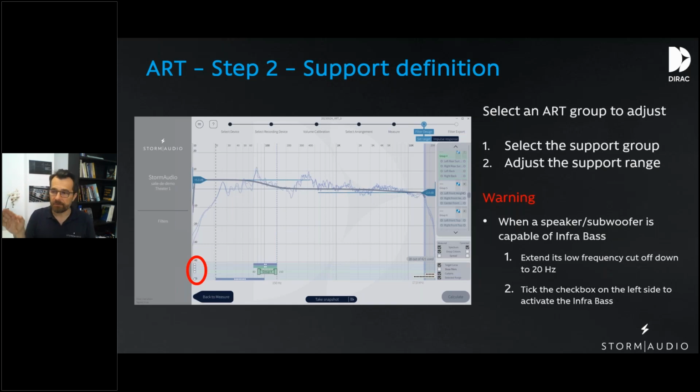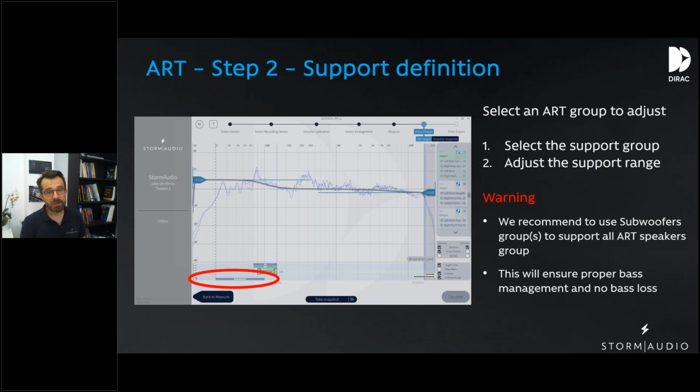How is this done? Very simple. You use the slider and go down to 20 Hertz for that specific sub, and then you tick the box that is highlighted here on the left. Doing that, the infra bass is activated. Basically, we are bypassing the frequencies below 20 Hertz to the system. That's really key. You can do that for your subwoofers, but also if your speakers are capable of that, and do that for all the ART groups.